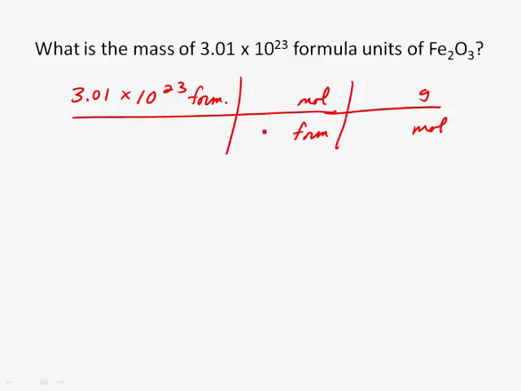So our compound from before, where we calculated that, is 159.66 grams in 1 mole, and 1 mole is 6.02 times 10 to the 23rd formula units. And so 3.01 times 10 to the 23rd divided by 6.02 times 10 to the 23rd times 159.66. So we end up with 79.83 grams of the iron 3 oxide.